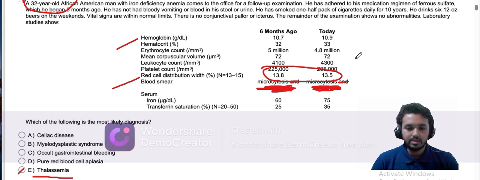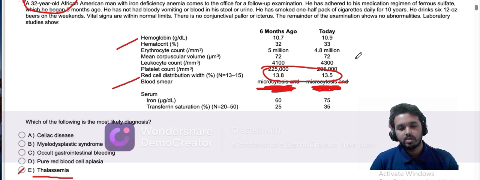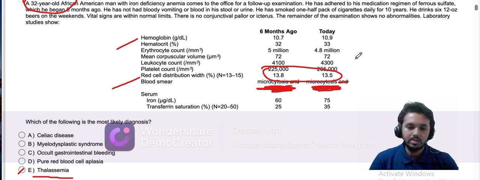Another trick is transferrin saturation. In iron deficiency anemia, what should transferrin saturation be? We know that transferrin saturation is equal to serum iron divided by total iron binding capacity. Serum iron should be decreased in iron deficiency anemia, and TIBC should be increased. So the transferrin saturation should be decreased. But in this case, it is normal.